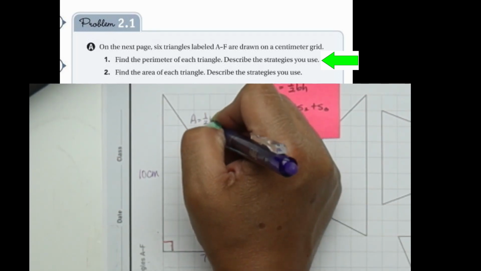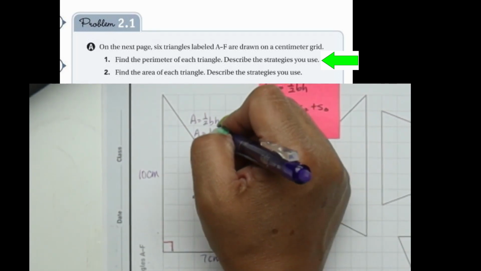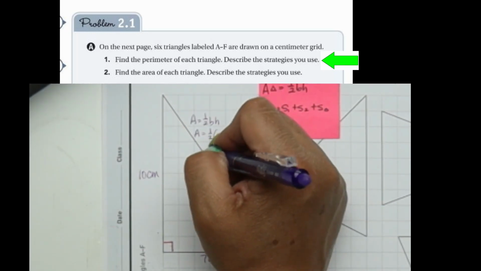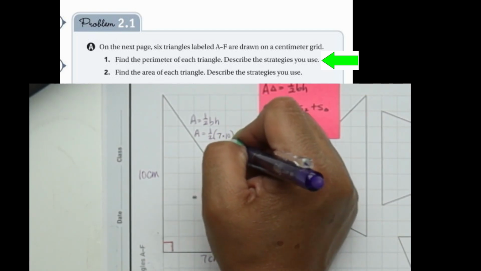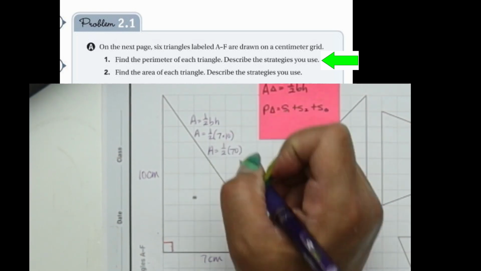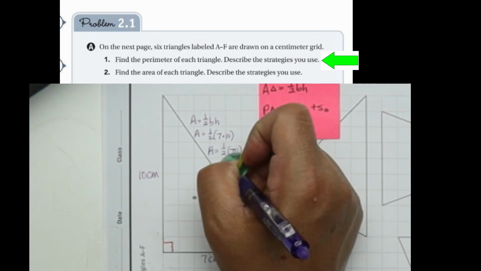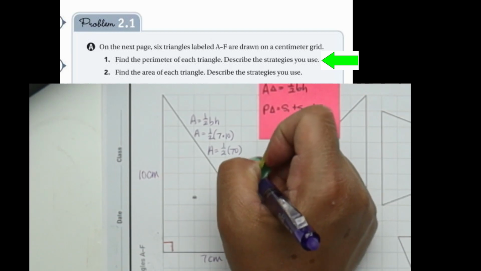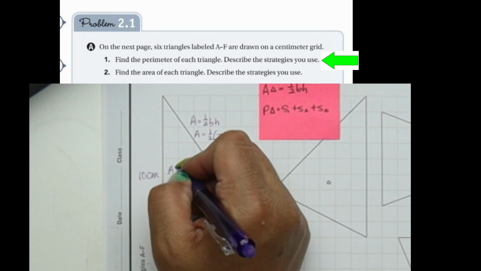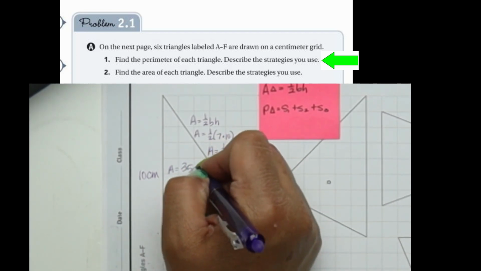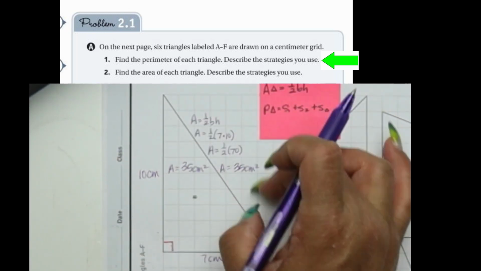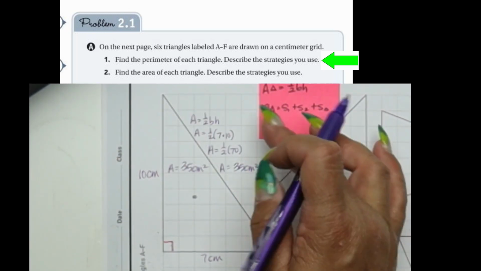Area equals 1/2, the base is 7, times 10, because that's the height. Area equals half of 70. And if I were to divide 70 cents between another friend and myself, I get 35 centimeters squared. So area equals 35 centimeters squared. And if I were to double this, it would be the area of an entire rectangle.